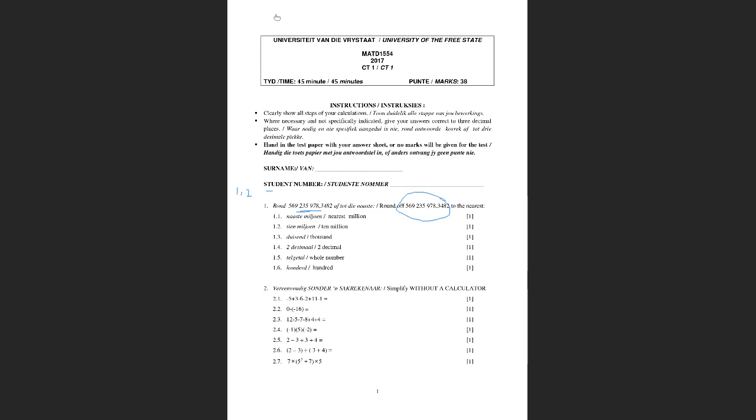So it's going to be 9 million, because the nearest million there is that 9. 569 is 569 million. Then 69 is 69 million. But you cannot change the value of the figure there. All they are asking is that the same figure you see there, round it off to the nearest million, not to change the value.